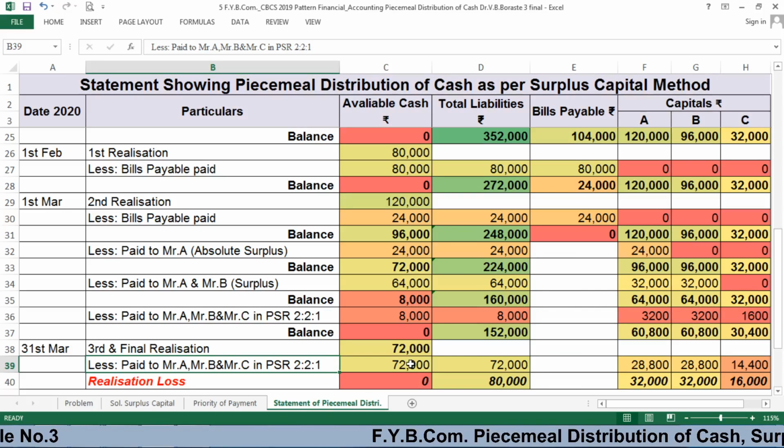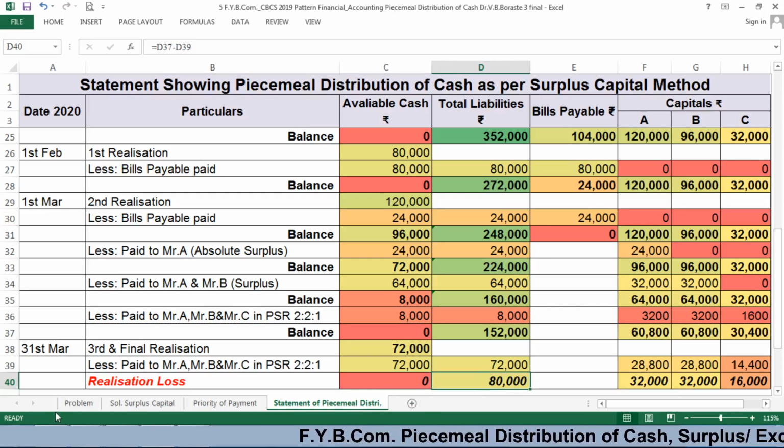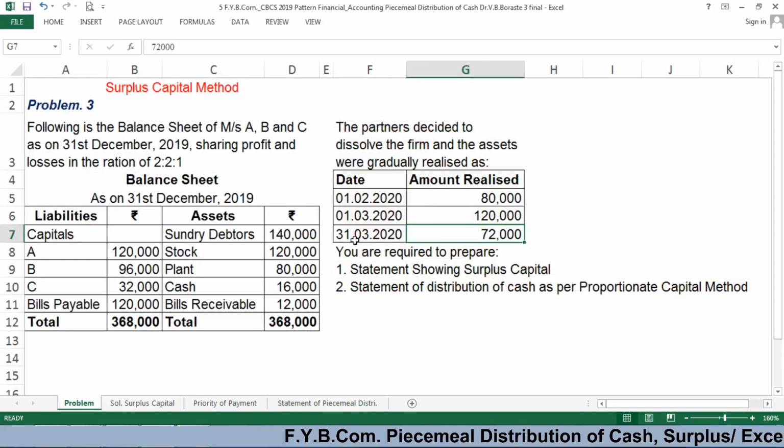So after the payment of 72,000, the amount in our hand is 0. That means we don't have a single rupee. Still we have a liability of rupees 80,000 which is unpaid, and all our realizations are finished. The third realization was on 31st March 2020, and we don't have any realization after this.